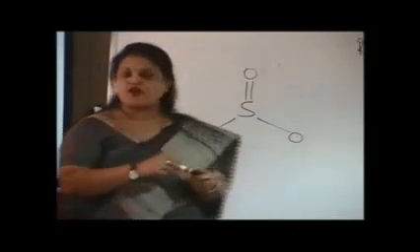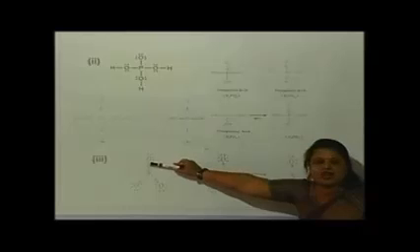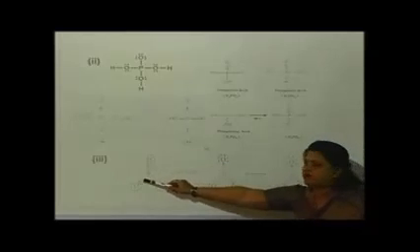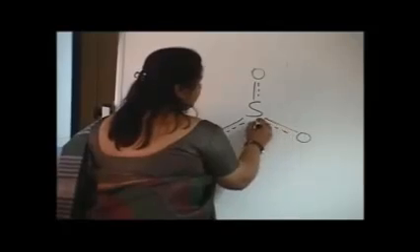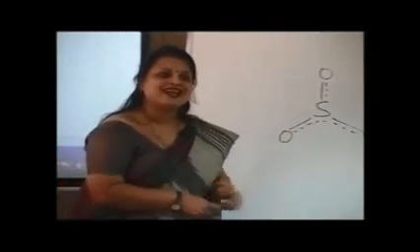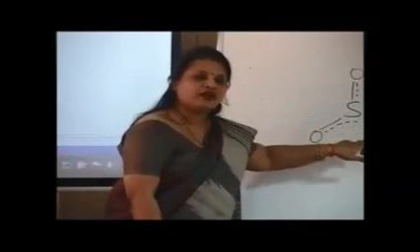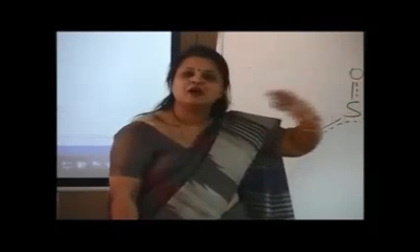And since there are all sorts of resonating structures, the double bond in one structure can be here, the double bond oxygen can be at this position as well as on this position. So, the double bond is rotating around the molecule. That means throughout the molecule, we can have all the three structures, they are equivalent to this structure, which indicates that each SO bond is in between a single and a double bond.